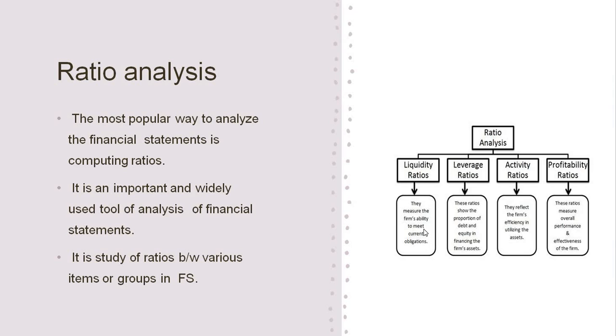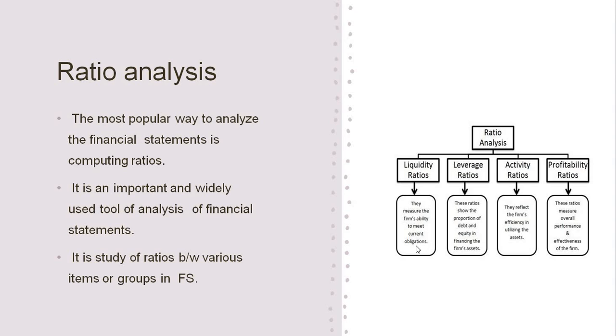Liquidity ratios always measure the firm's ability to meet current obligations. So current ratio, liquid ratio, and absolute liquid ratio are the most commonly seen ratios under liquidity ratio, where it will compare the current assets with current liabilities and give a result on how this works. That is why they always measure the firm's ability to meet the current obligations.